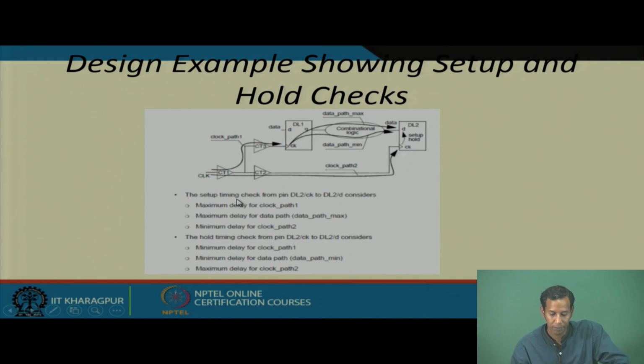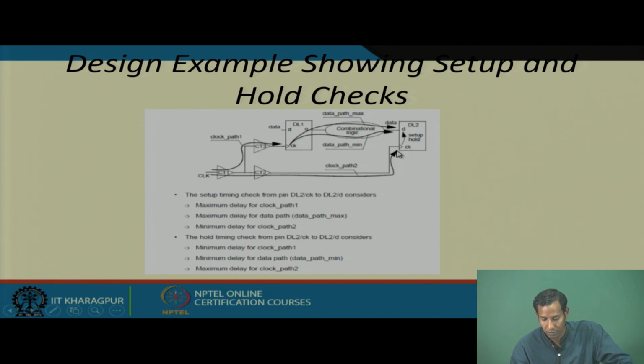The setup timing check from the flip flop 2's clock pin to the flip flop 2's D pin will consider the maximum delay for clock path 1, the maximum delay for the data path, as well as the minimum delay for the clock path 2.